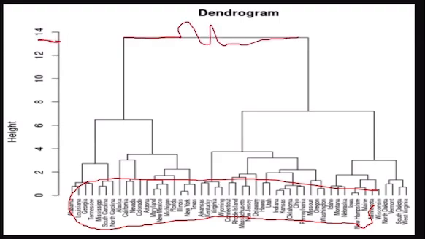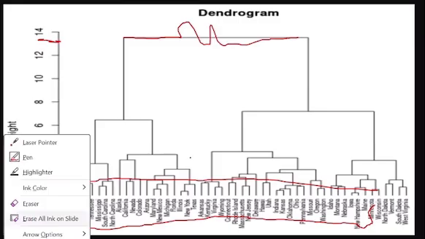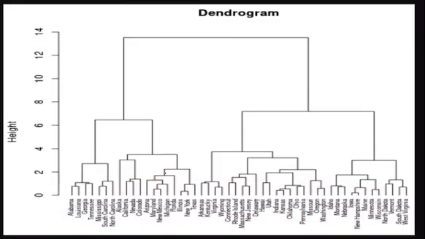That is where we cut the tree. Now, I want you to look at the clusters. If I have two major ones, those are clustered together. You see what we're talking about?